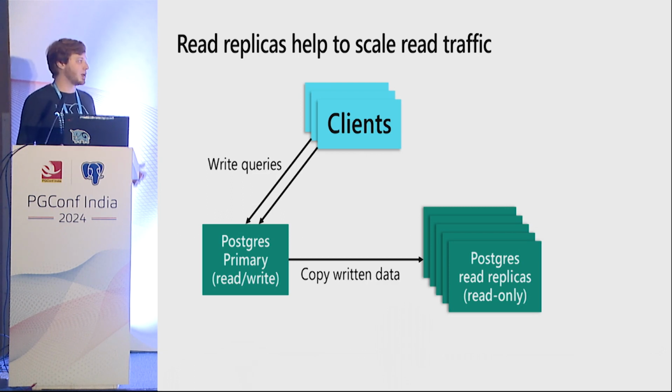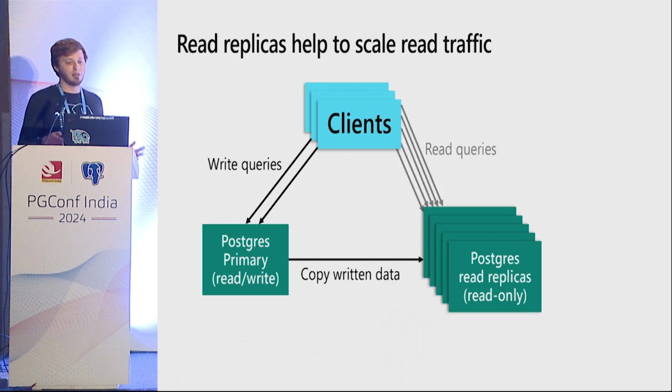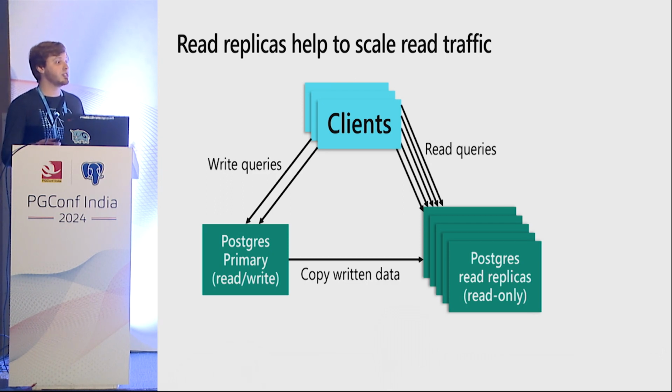These are called read replicas, and they can only serve read queries. But for most applications, read queries far outnumber the write queries. So this works in a lot of cases. You have copies of your data, and you serve reads from those copies, and the writes go to one single server.